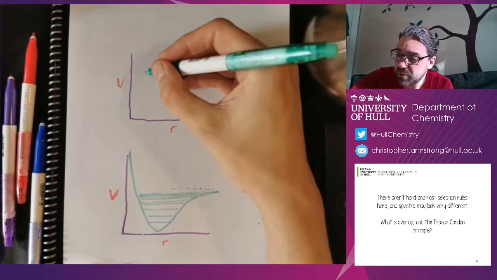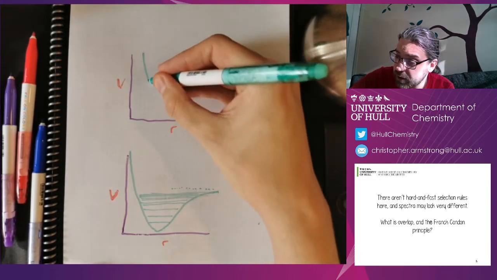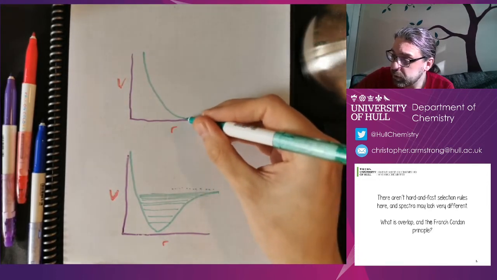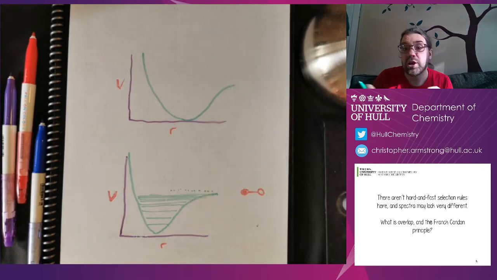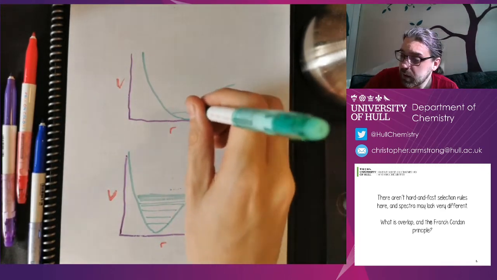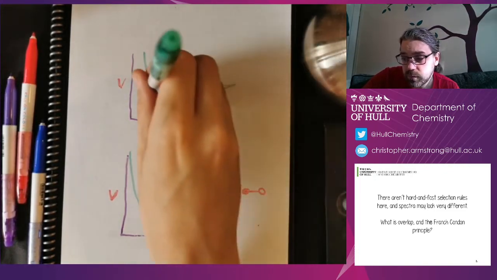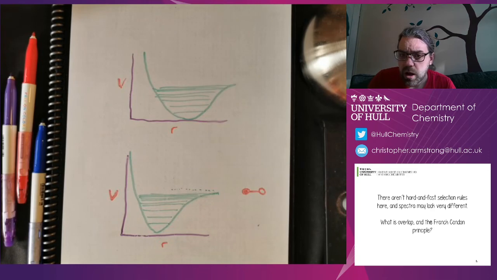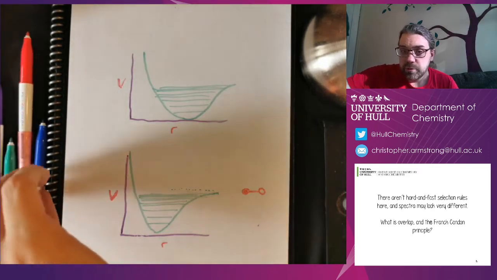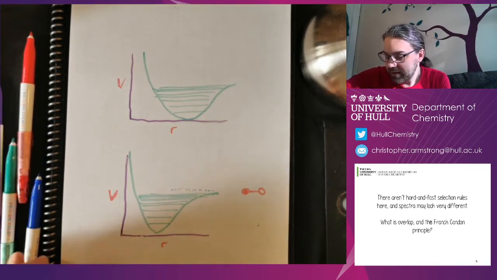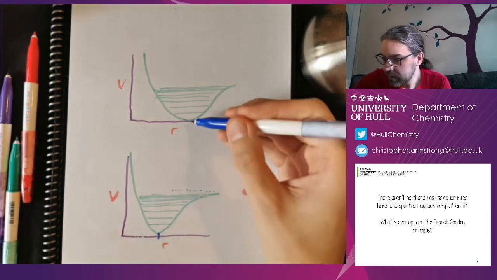Maybe it could be some other shape. So it could be actually further out here. Our equilibrium bond length could land here. It could be a wider potential well. It could have a lower dissociation limit, a higher one even. We still get all those bunchings. So what you can see, we've got an equilibrium bond length here and one here as well.